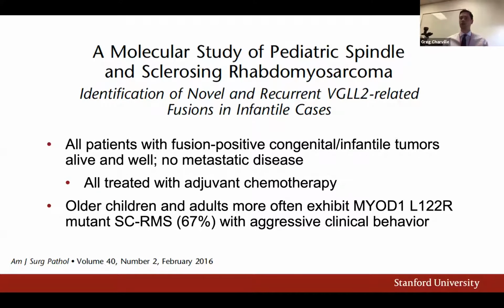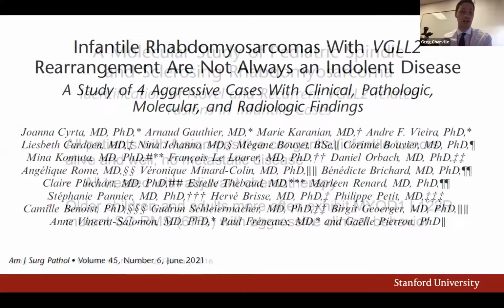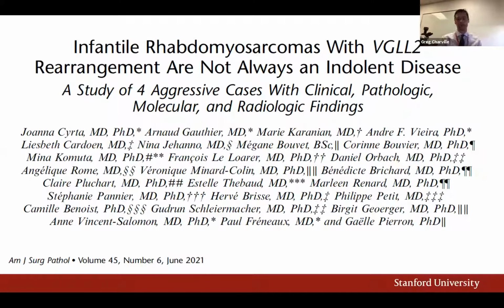So we pursued the molecular work-up in this case in part because there is an important clinical behavior distinction in these molecular subsets of spindle cell rhabdomyosarcoma that the WHO classification now recognizes. I thought this case was interesting because there's a very recent paper from a large collaborative group that described 4 cases of these infantile congenital type rhabdomyosarcomas with these exact same VGLL2 rearrangements that actually behaved aggressively.